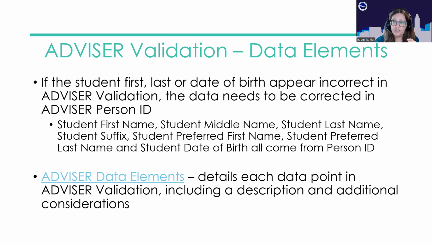So in that case, you'd have to go to person ID and fix it so it said Jonathan, so that it would import into Advisor validation. Each one of these data elements, first name, last name, date of birth, has a description and a lot more information specific to it in Advisor data elements.